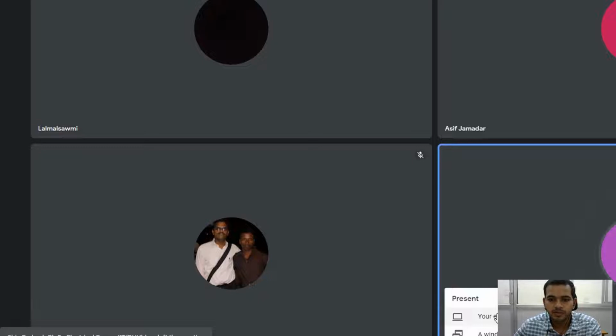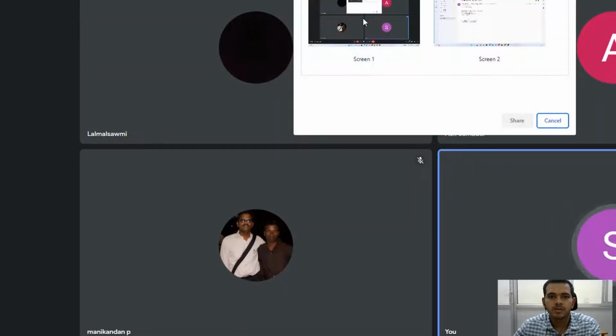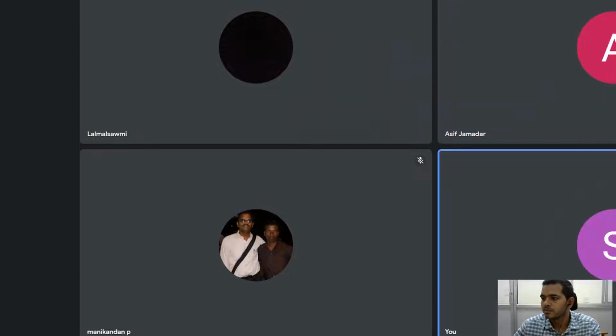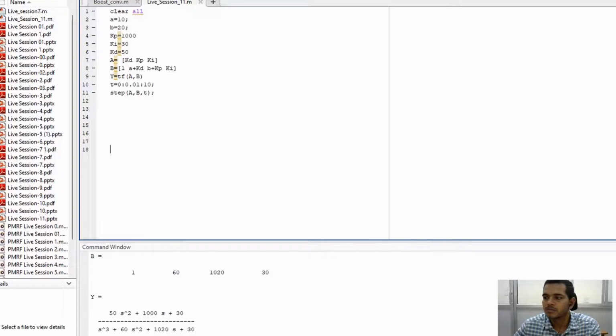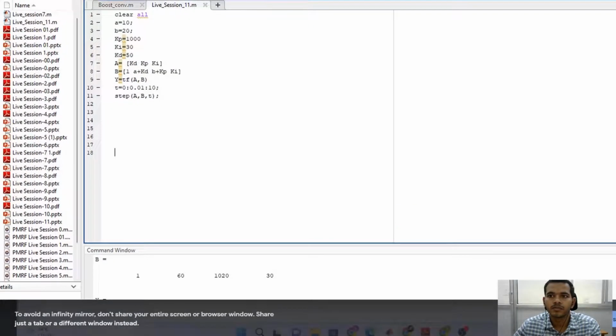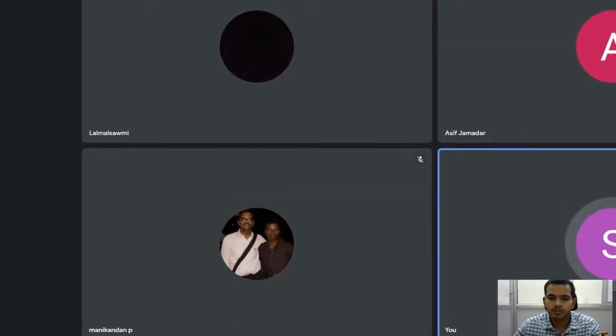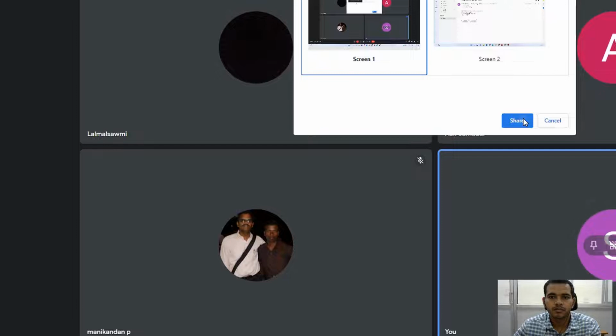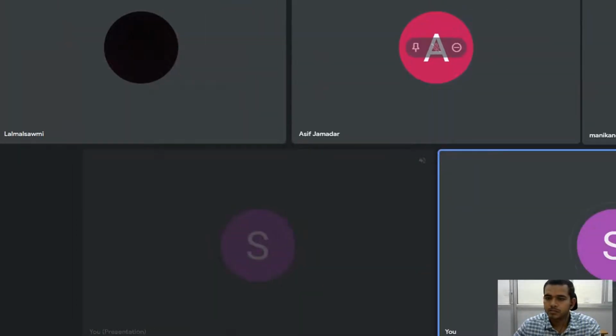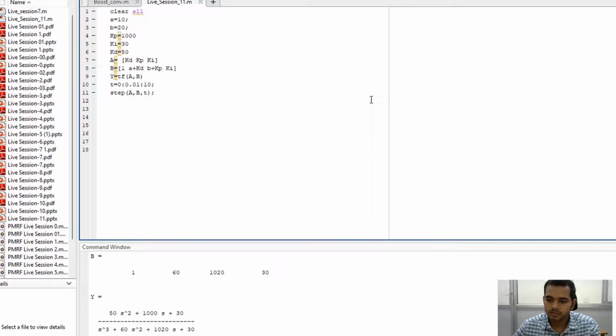I share a screen. Here I have taken A, B and KP, KI, KD values.